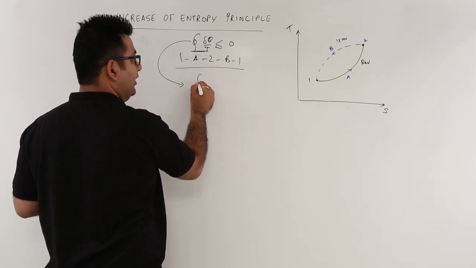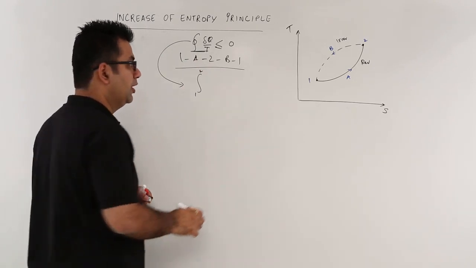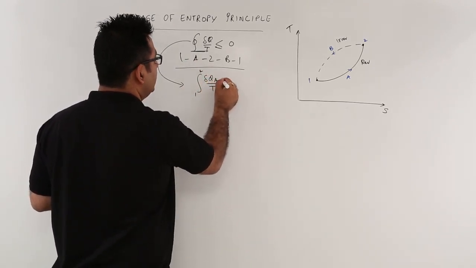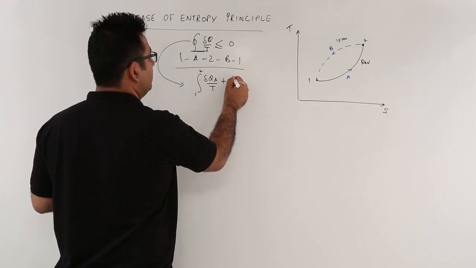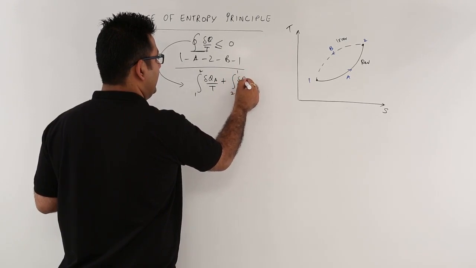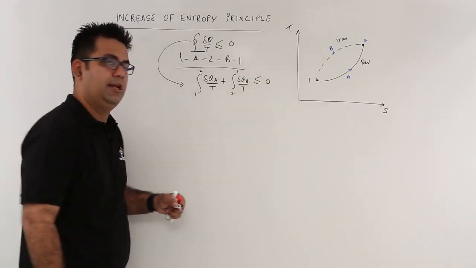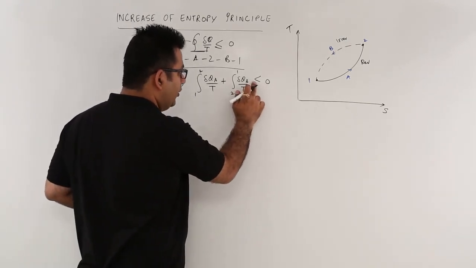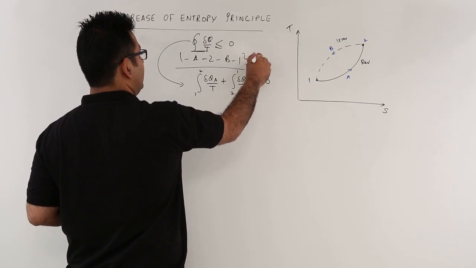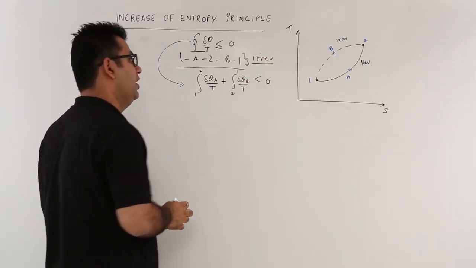We will have integral going from 1 to 2 of delta q for path A upon T, plus integral 2 to 1 of delta q for path B upon T. This is less than or equal to 0. Let's get rid of the equal to sign as of now, because this is an entirely irreversible process. So for an irreversible process, this has to be a negative value.